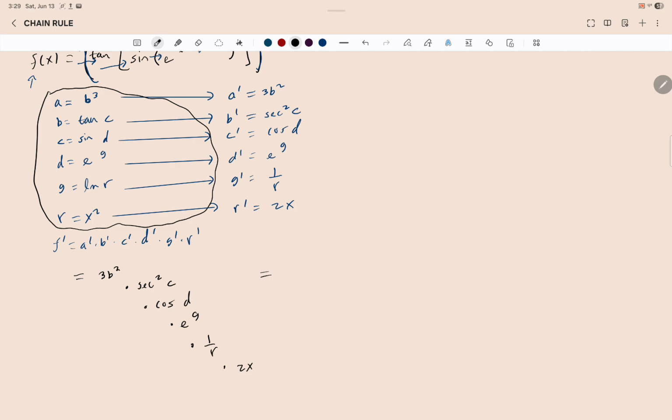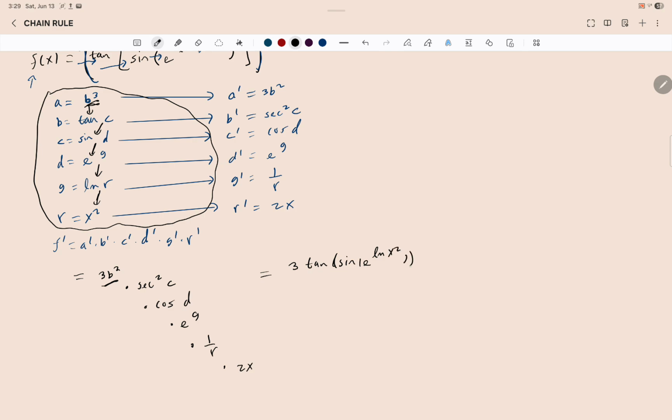And that's easy. So again, the first one, 3, and then remember b, it's here. So I hit tangent, so I get tan of c, but remember c is here, so I go sine, and then d is here, so it's going to be e of g, but remember g, it's this here, so it's going to be ln of r, but remember r, it's that guy there.